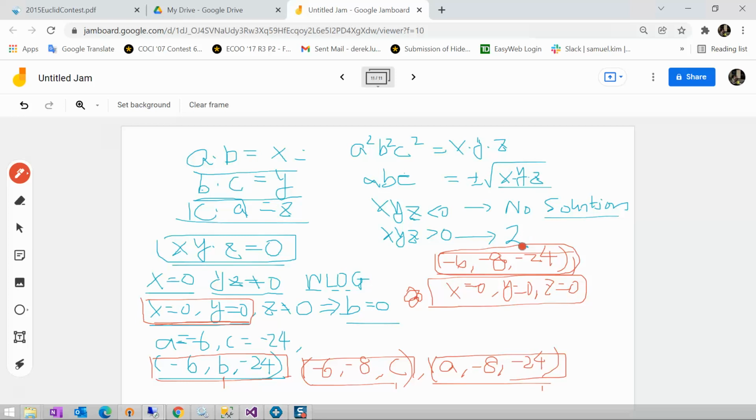So how to prove that? We randomly pick A is 0, C is 0. If we put these two as 0, B can be anything. Then we have x, y, z, and lots of solutions here. Let's repeat again.